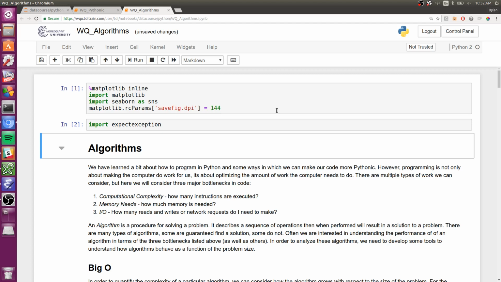A computer program, of course, consists of a set of lines of code that the processor executes in a specific order. But often, these programs solve some kind of well-defined problem.